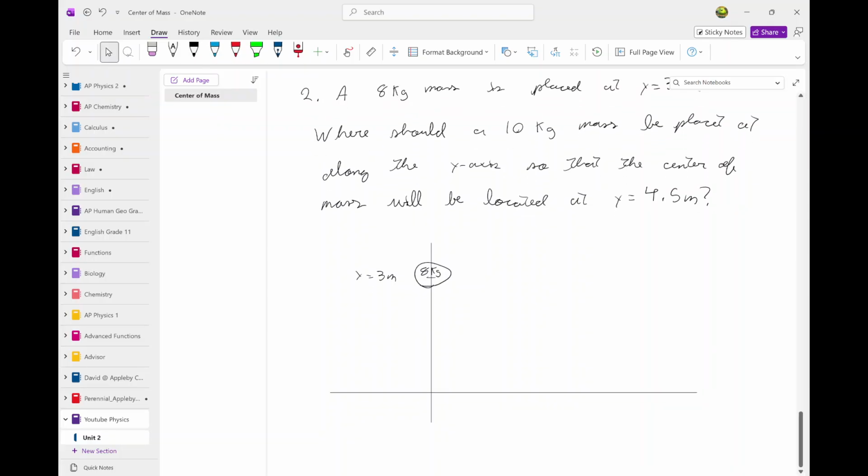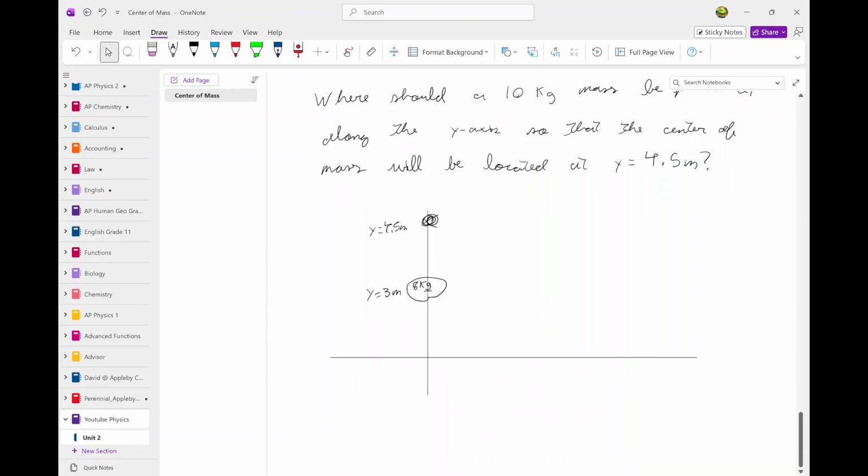And then we want the center of mass. Sorry, I just realized the center of mass is actually higher than the object. So let's put it here, y equals 4.5 meters. This is the desired spot for the center of mass, and this is our current object at 3 meters, the 8 kilogram mass.